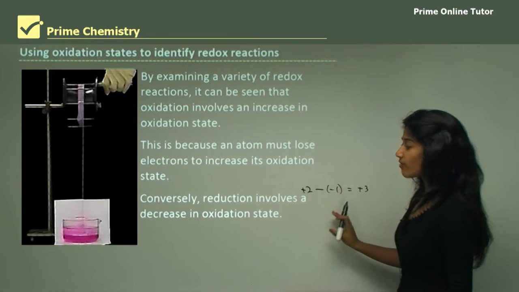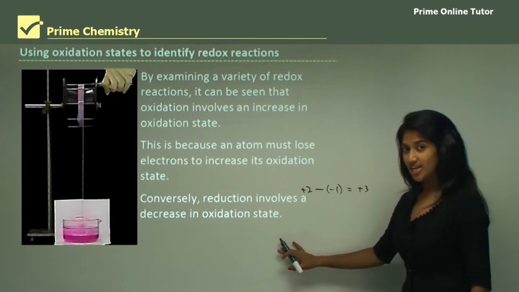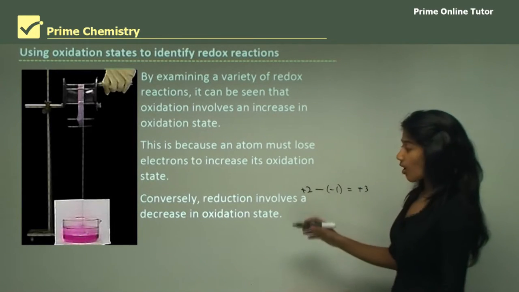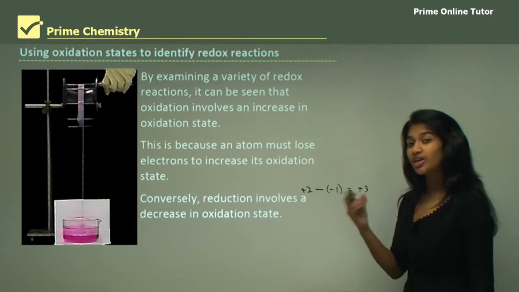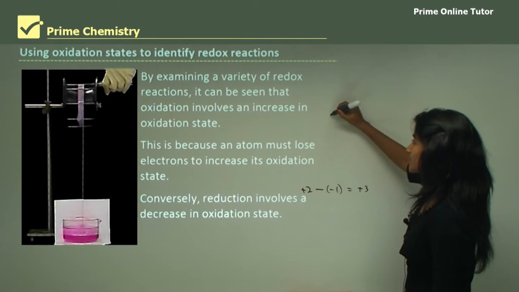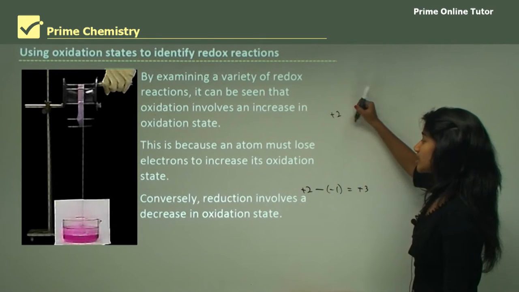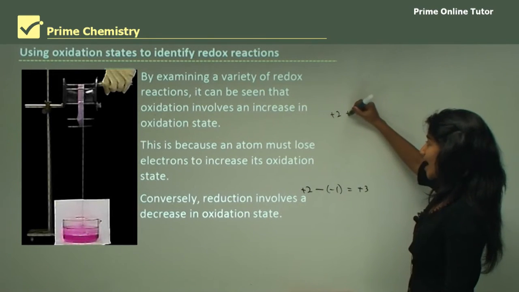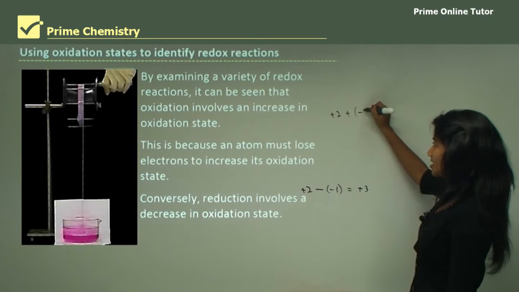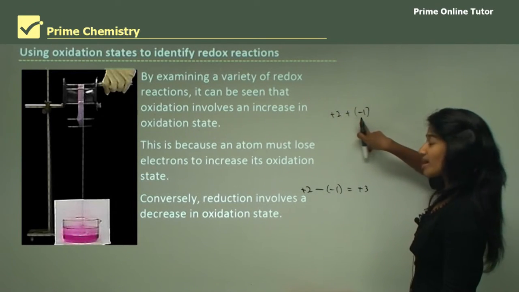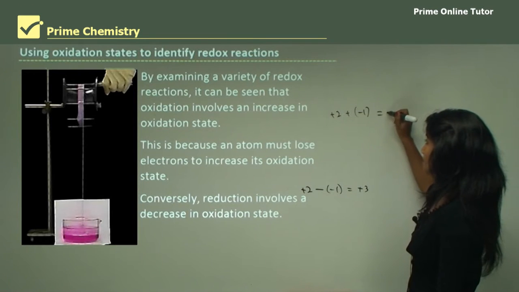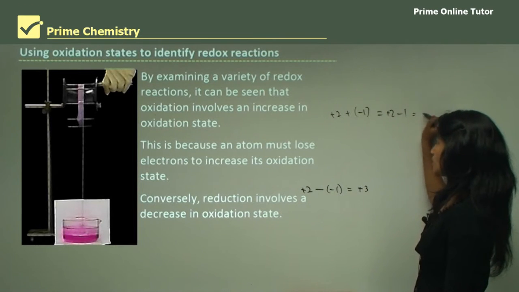Conversely, reduction involves a decrease in oxidation state. So the opposite happens in a reduction reaction. In a reduction reaction, you're gaining an electron. That means +2 is not going to minus but gain, so it'll add a -1, which gives us +2 minus 1, which is +1.